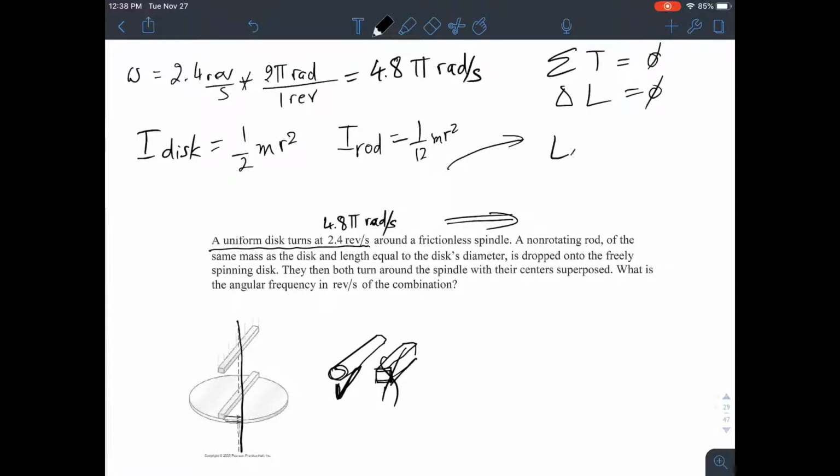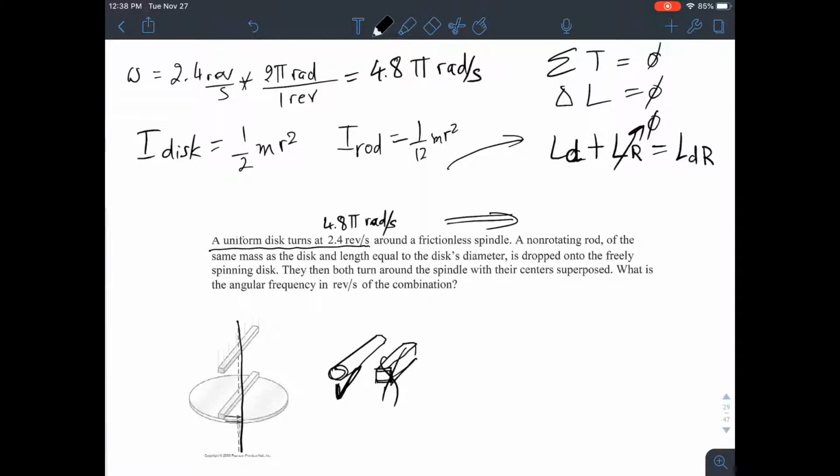So what was the angular momentum of the disk? What was the angular momentum of the rod? And what is the final angular momentum of the disk and the rod together? Well, the rod was not really spinning, so it really didn't have any angular momentum.